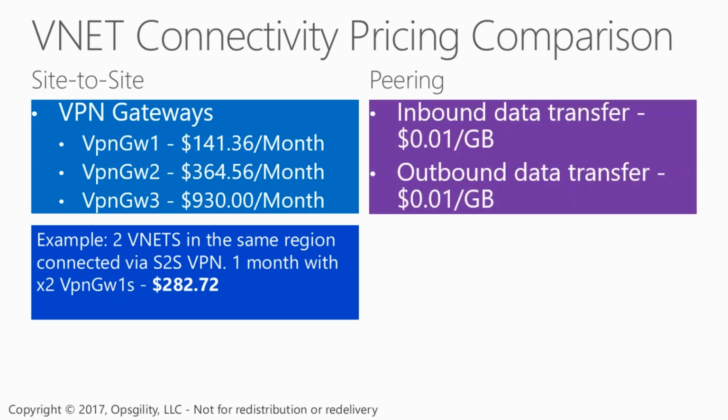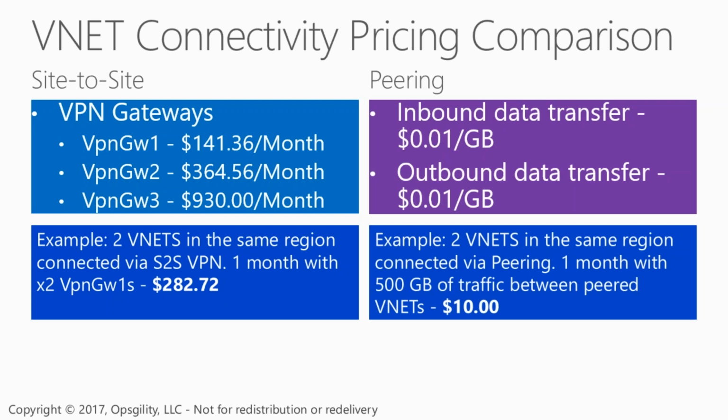So let's look at the peering situation for pricing. For peering, we pay 1 penny per gigabyte of inbound data transfer and the same 1 penny per gigabyte outbound. So if we look at the same sort of example where we connect 2 VNets in the same region with peering, and let's say we transmit about 500 gigabytes of data over the month, we're going to pay about $10.